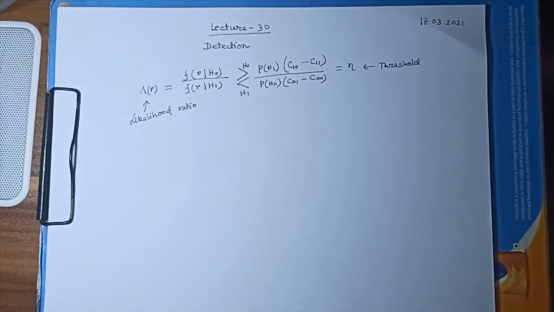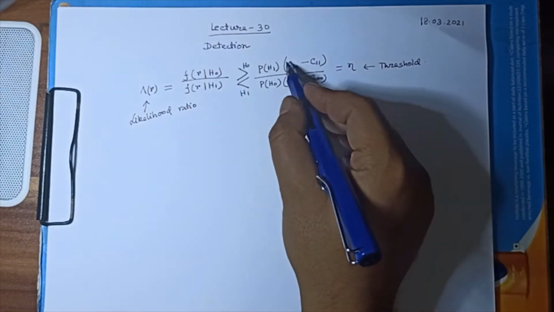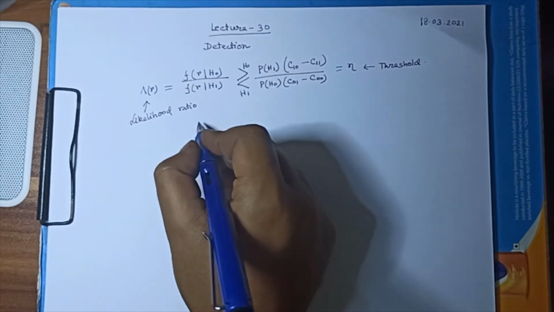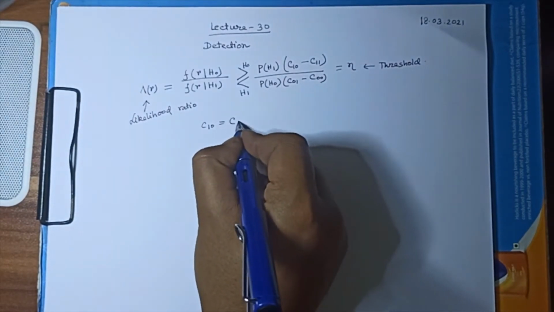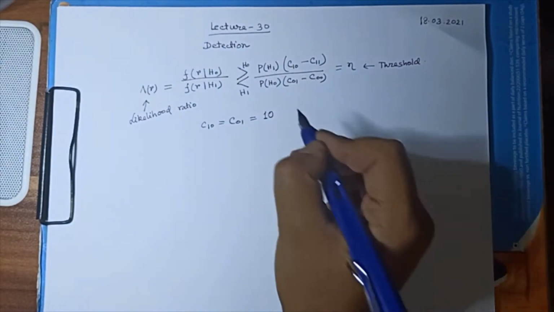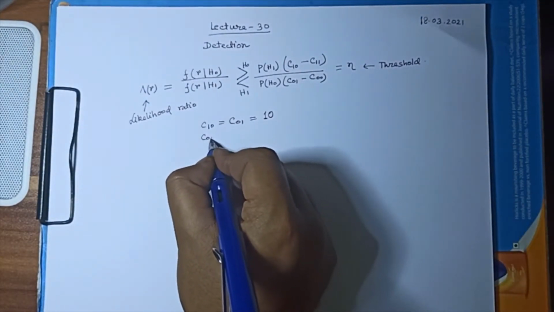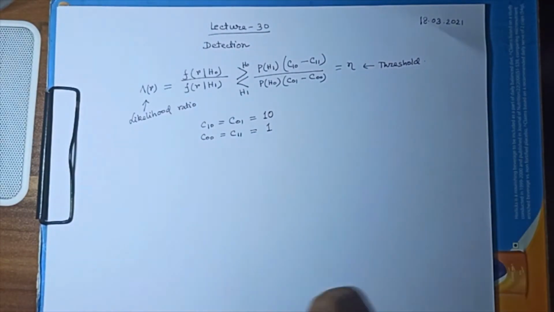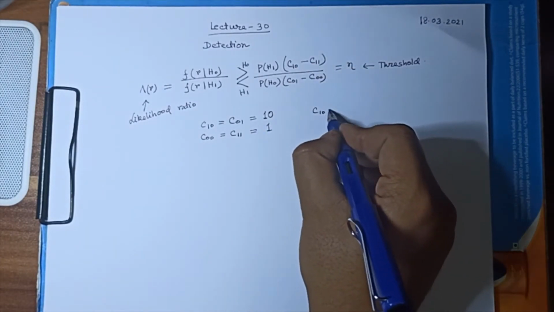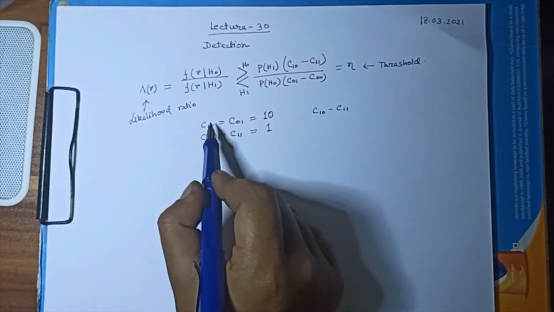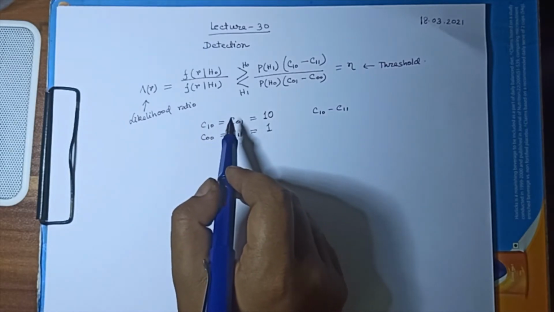So now I want to show you one thing, like these cost functions are your choice. So for example, let us assume that C10 is equal to C01 is equal to 1 or 10, I don't care, and say C00 is equal to C11 is equal to say 1 or something or 0, such that this thing cancels out. So your C10 minus C11, I am taking uniformly, like I am not saying that this error, type 1 error, is more severe than type 2 error.